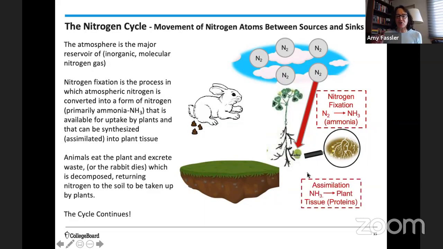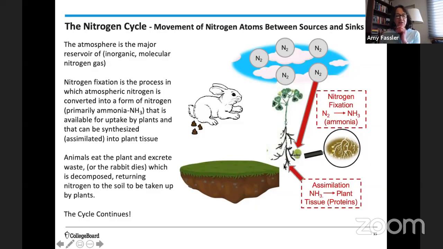That ammonia then, just like that phosphorus, once it got into the soil into a usable form, the plant took it up. Same thing happens with nitrogen. We've got this pattern emerging that once I get it into the soil, into a form that a plant can take up, that plant is going to take that ammonia and assimilate it into nitrogen-containing plant tissues, like proteins, for example.